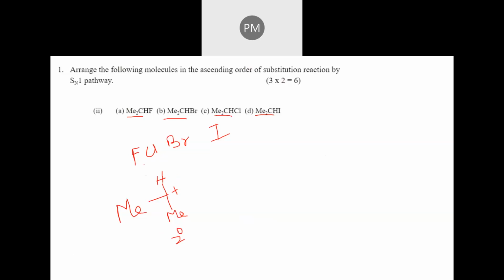So between fluoride, chloride and bromide, iodide will be much more stable, because the size of the iodide is very large, so it will be much more stable.